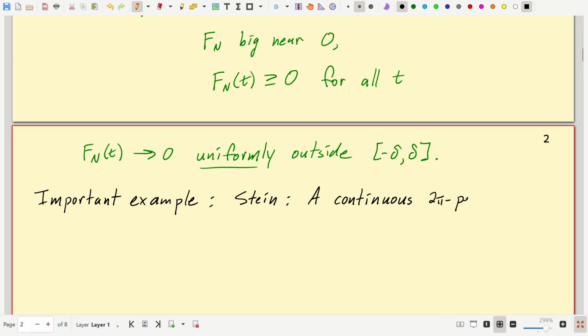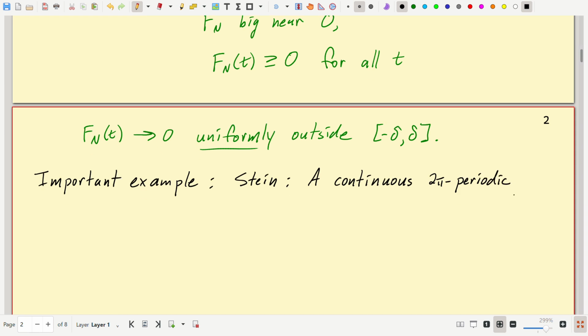It's been kind of exciting: we've been getting convergence in various cases, and we might hope to get convergence for general continuous functions.